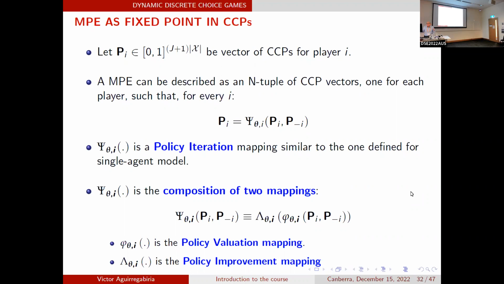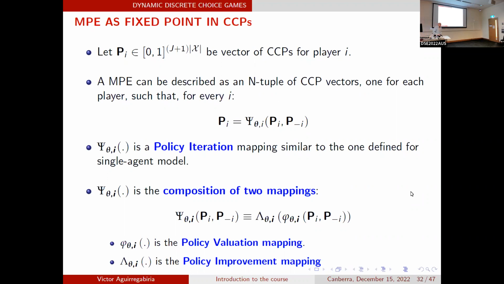Okay, then that's a description of a strategy of a firm as a vector of choice probabilities. Give me the state of the market, and I will tell you what is the probability that I will be active in the market or not, okay?